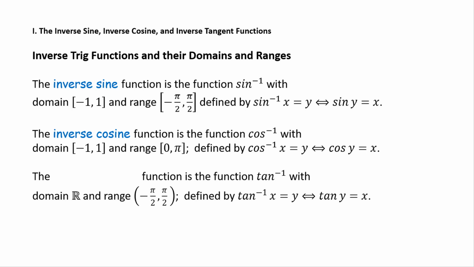And finally, the inverse tangent function is the function tan inverse, with domain the set of real numbers and range negative pi over 2 to positive pi over 2, endpoints not included, defined by tan inverse of x equals y if and only if tangent of y equals x.